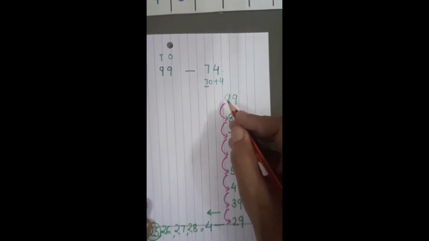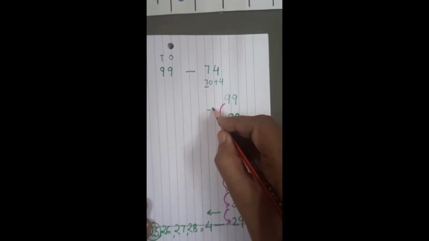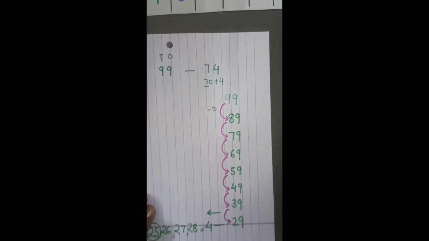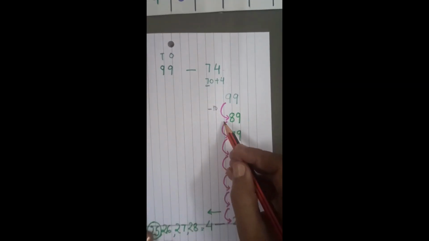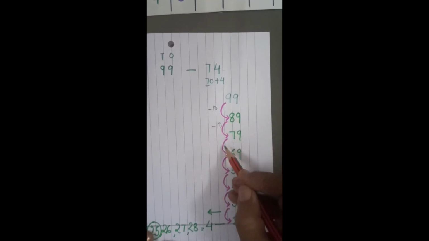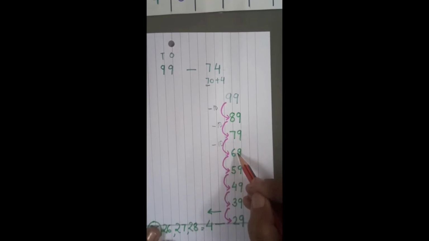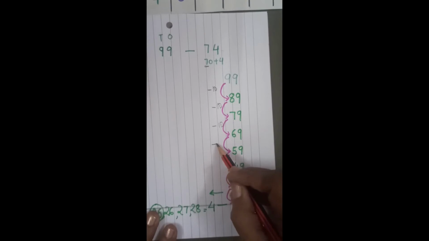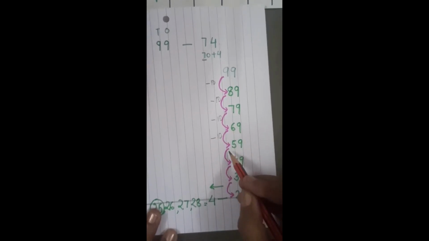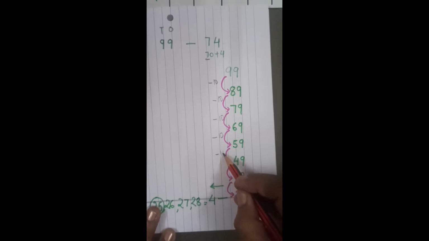So when I subtract minus 10 from 99, we get 89. Okay. Then when we subtract 10 again, then 89 will become 79. We subtract 10 more and 79 will become 69. Again we'll subtract 10 and 69 will become 59. One more 10 and 59 will change to 49.